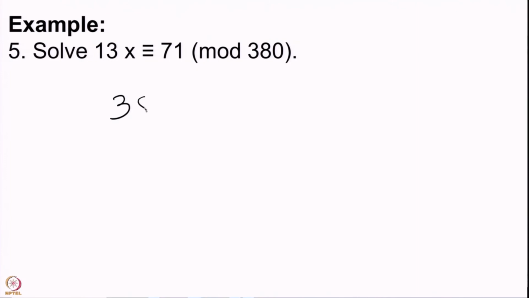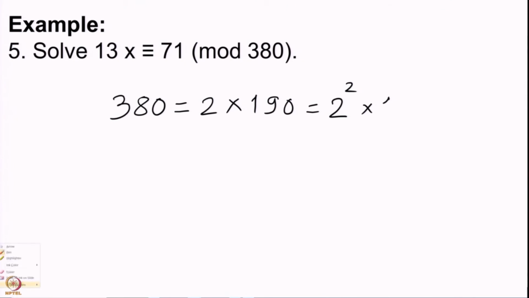What we observe here readily is that 380 is 2 into 190 and therefore 2 square into 95, which is nothing but 5 into 19.